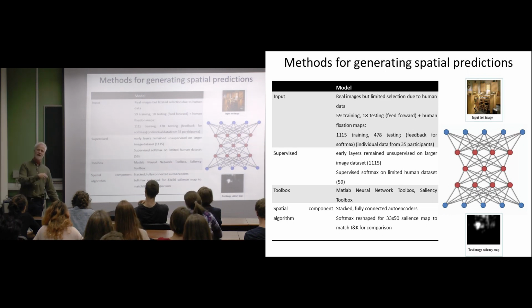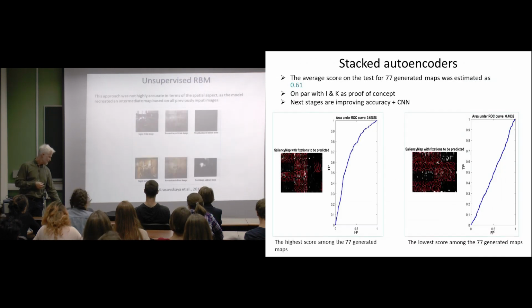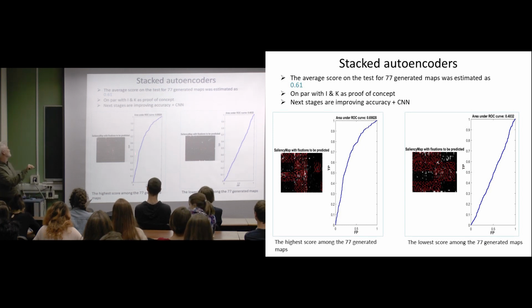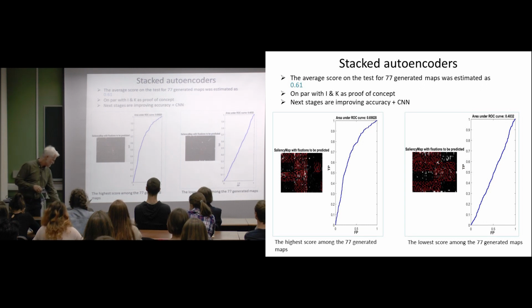So far we've managed to match the Idiot prediction for spatial prediction, but we're looking at improving that more, maybe even with a convolution network. There's the stacked autoencoder results. So our best prediction is up around 0.7 on this curve. Some of them are as bad as chance.